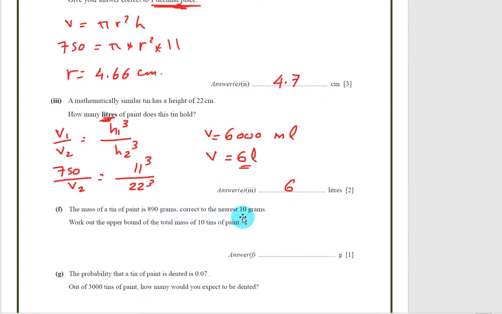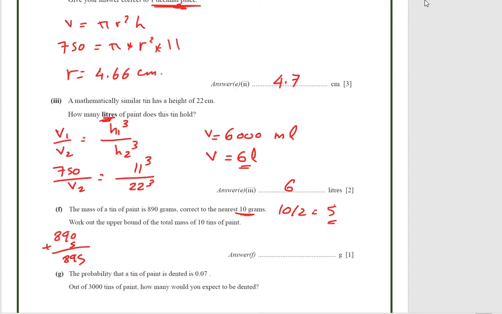The mass of a tin of paint is 890 grams, correct to the nearest 10 grams. Work out the upper bound of the total mass of 10 tins. Here, the mass is to the nearest 10 grams, so 10 divided by 2 is equal to 5. So the boundary is 5. We need the upper boundary, so 890 plus 5 will be 895.